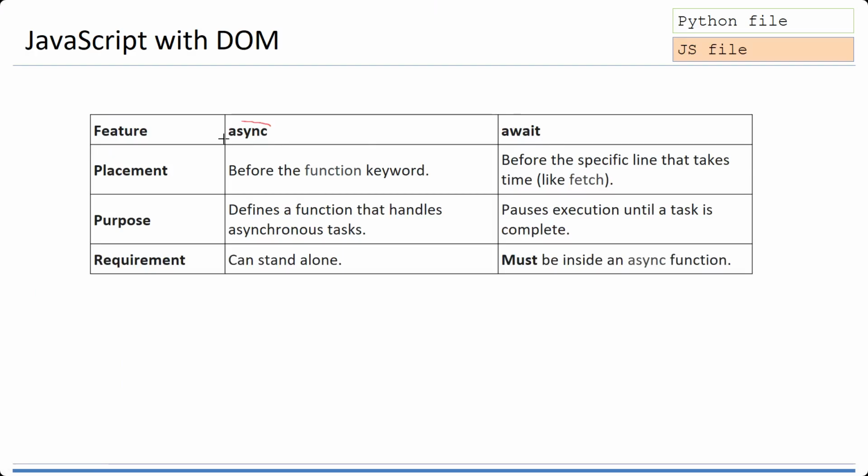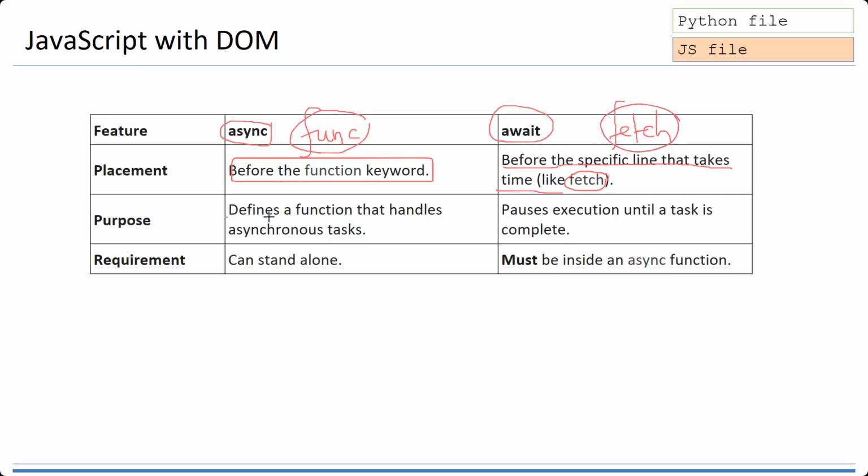Async goes before the function keyword, before the function. Await goes before the specific line that takes time, like fetch, which means we want to get the data. So this one is for the function, and this is for fetching the data.